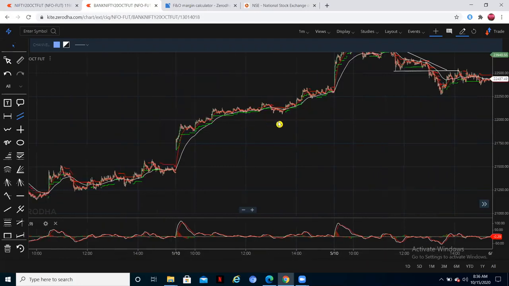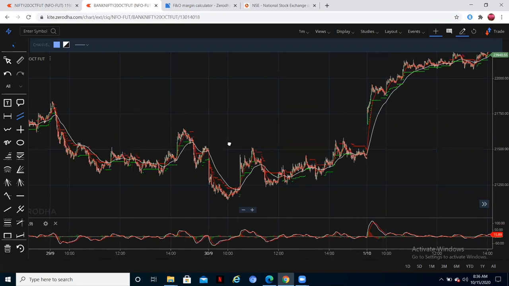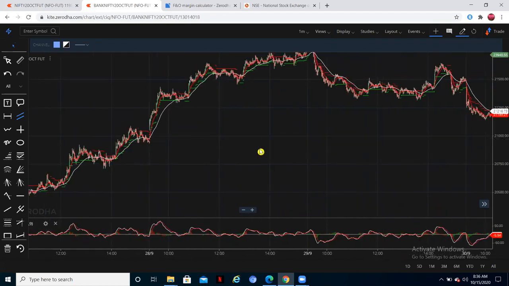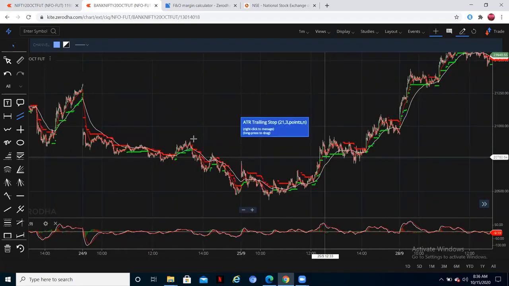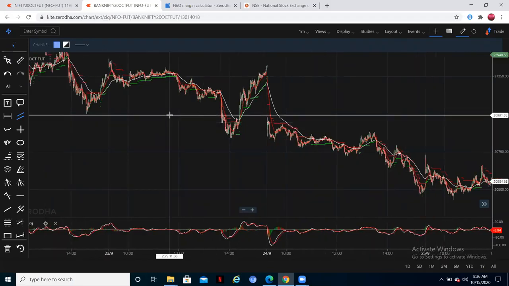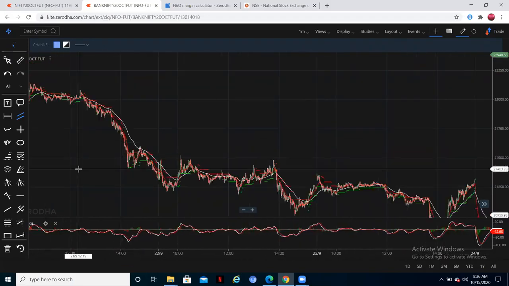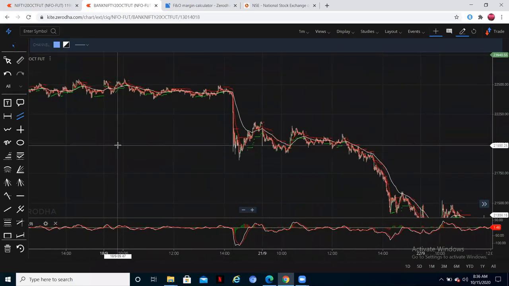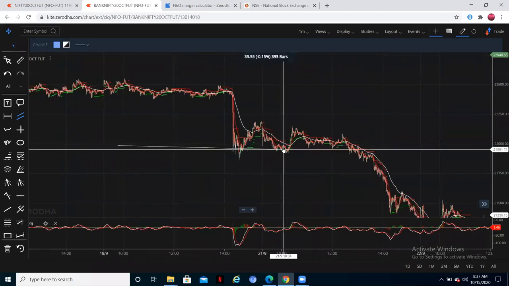Indices are very volatile, so you will be making mistakes in the beginning. So we will be improving all the mistakes so that we are not repeating them. For that, you need to write all the mistakes which you are making while paper trading.